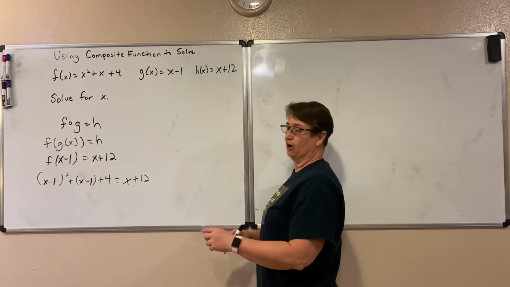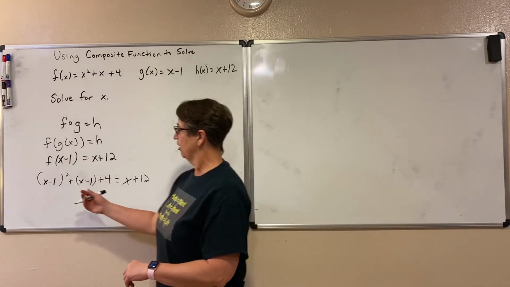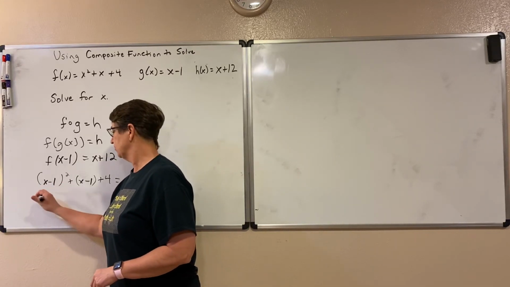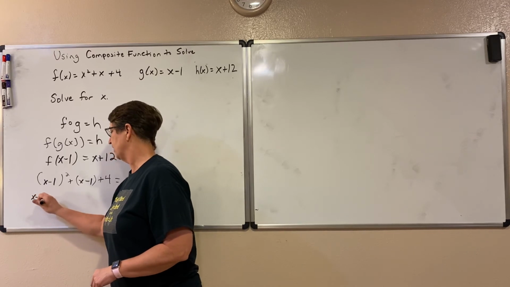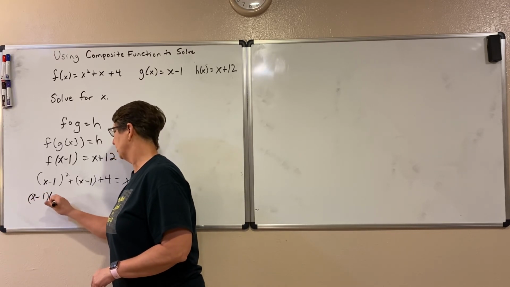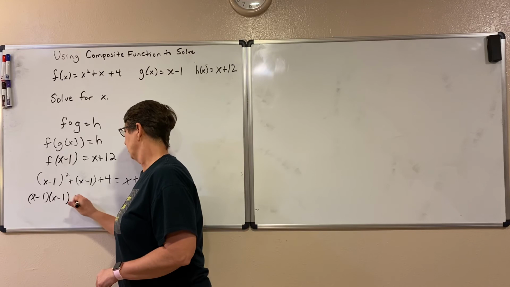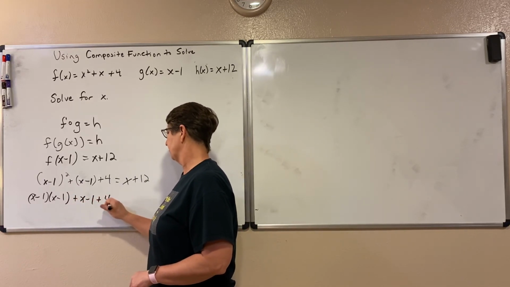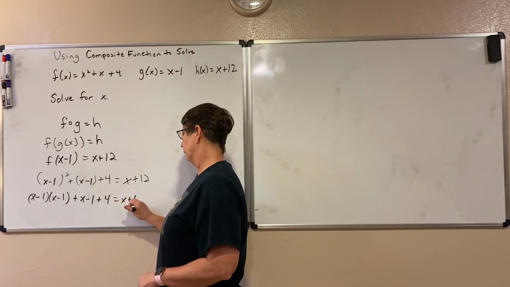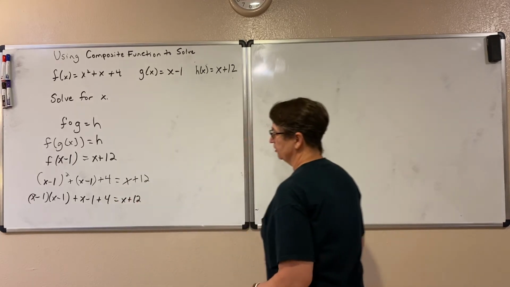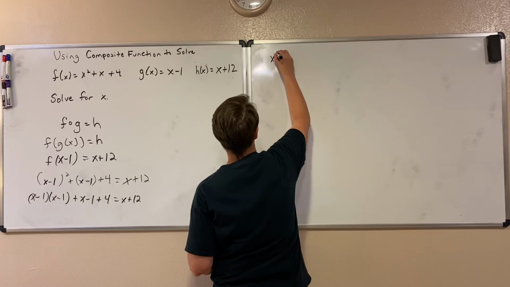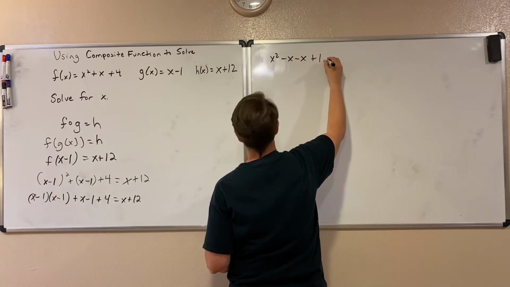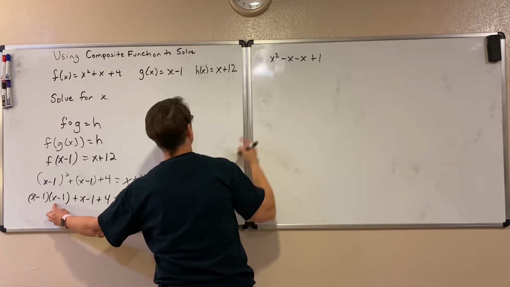Now I need to solve. So the first thing I'm going to do to help me solve is simplify here. So x minus 1 squared is x minus 1 times x minus 1, plus this x minus 1 plus 4 is equal to x plus 12. Distribute that and you get x squared minus x plus 1. X times x gives me x squared.